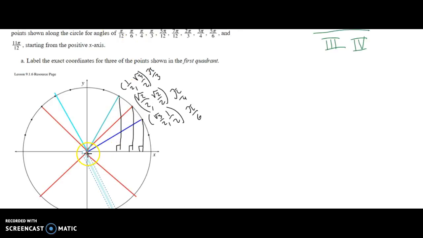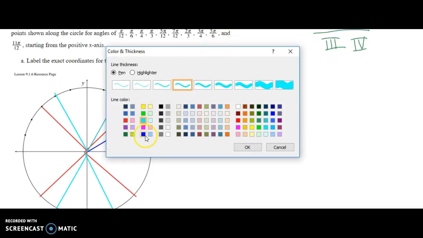It's approximately, right? These lines aren't exact, but hopefully we're getting the idea.